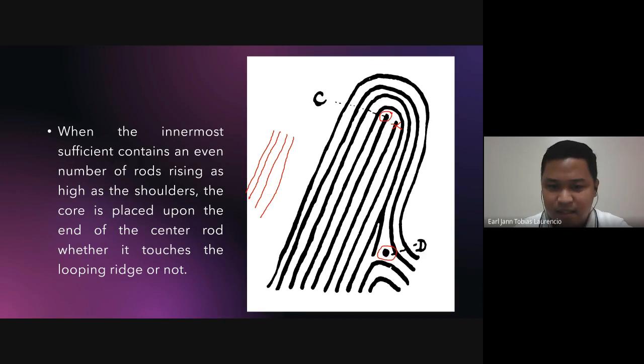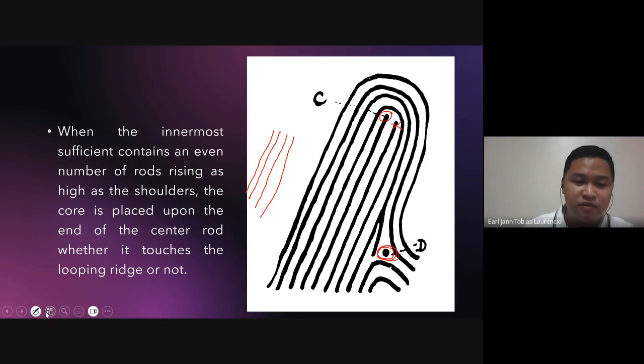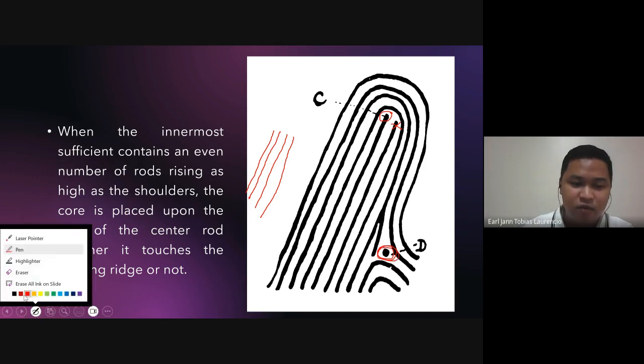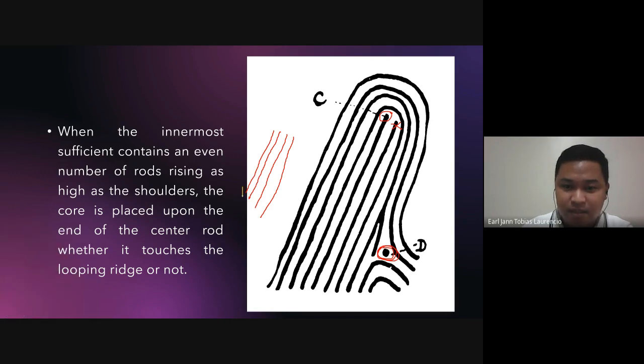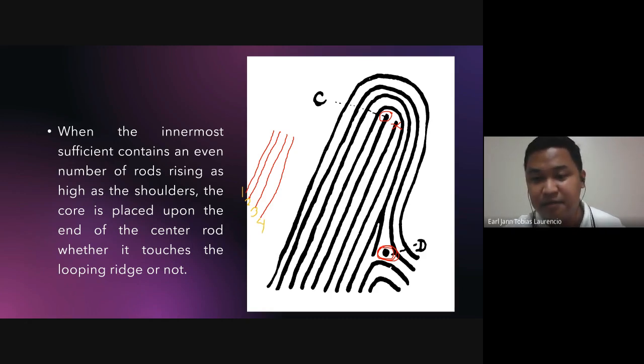Assuming that this is also the delta, which among the following rods will be chosen? Is it number 1, number 2, number 3, number 4? Which among the following rods will be chosen as the core of the pattern?